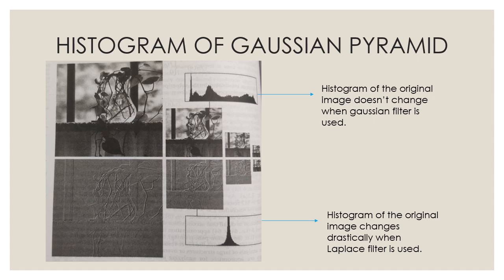This can be seen clearly here, as the histogram is spread throughout the image in the case of Gaussian, while histogram values of certain intensities are highly highlighted in the Laplacian pyramid. So this is the basic difference between a Gaussian image pyramid and a Laplacian image pyramid.